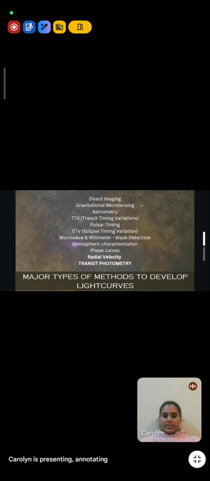Then we have TTVs. TTV is nothing but transit timing variations, and this is primarily a technique that looks for certain deviations in the timing of transits of the body when it goes around the host star. And when it transits around the host star, it causes some gravitational interactions with other planets in the system.